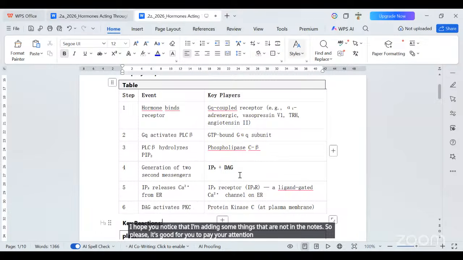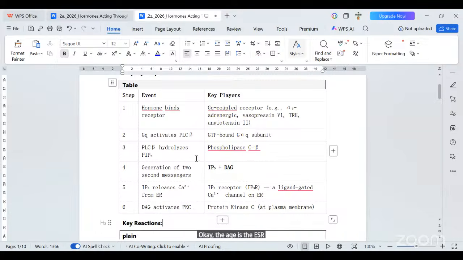Okay, DAG is diacylglycerol. Once these two second messengers are generated, IP releases calcium ion from the endoplasmic reticulum, and DAG activates PKC, that's protein kinase C, at the plasma membrane.